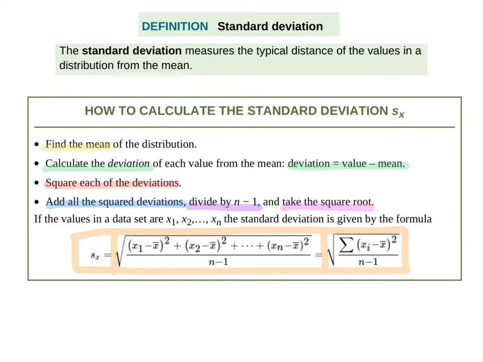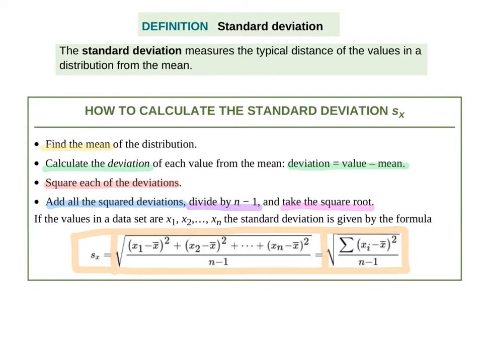So the first thing that you do in your distribution, you find the mean: you add up all the values, divide by the number of values, there's your mean. You're going to calculate the deviation. Don't worry, we'll work through an example of this, so don't feel like you need to memorize all of these right now. For that second part, you take the deviation, which is the data point value, and you subtract the mean.